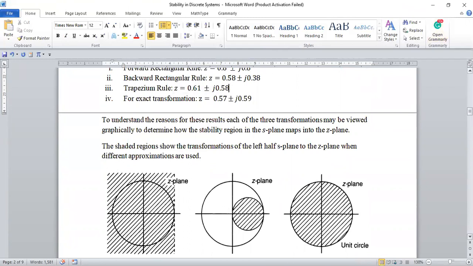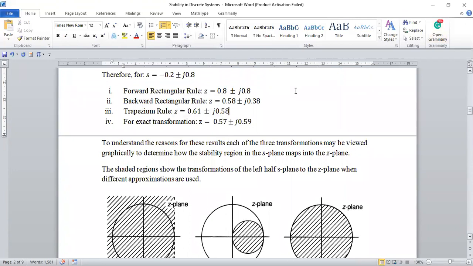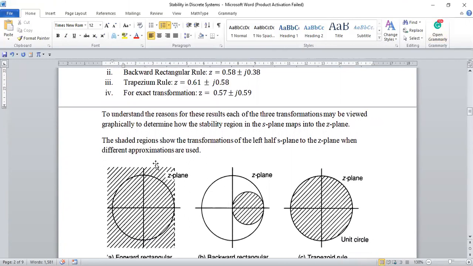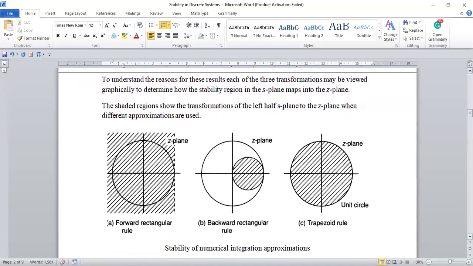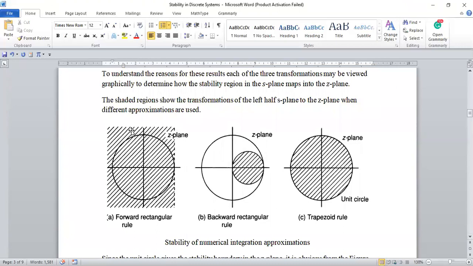And the reason why the results are different is because for the forward rectangular rule, the approximation is given by all the shaded region, and this is the line. So for the forward rectangular rule, the stability region is given by all of this, and we can see that at some point we are outside of the unit circle.